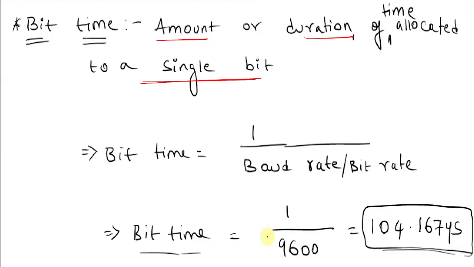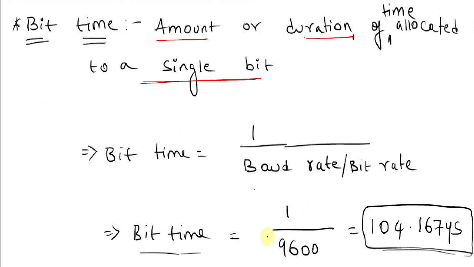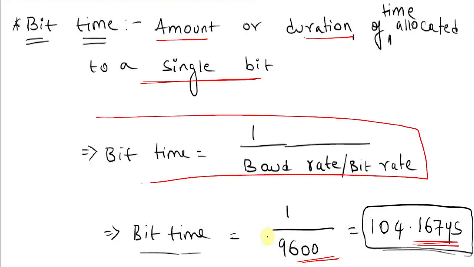If you take 9600, the bit time is 1 by 9600, which gives you 104.67 microseconds. This is the bit time when you calculate. So you need to remember that bit time means 1 by baud rate or 1 by bit rate.